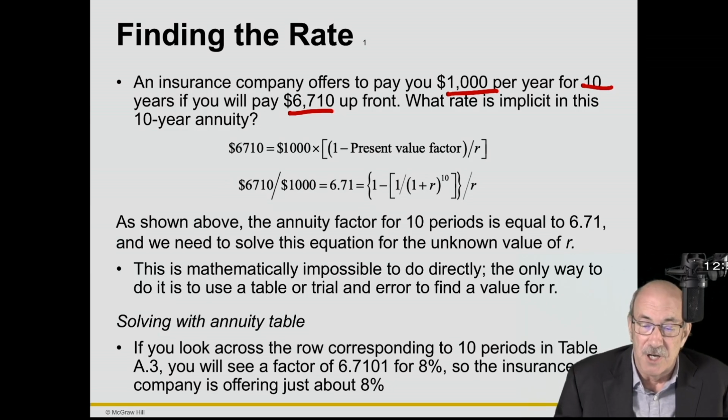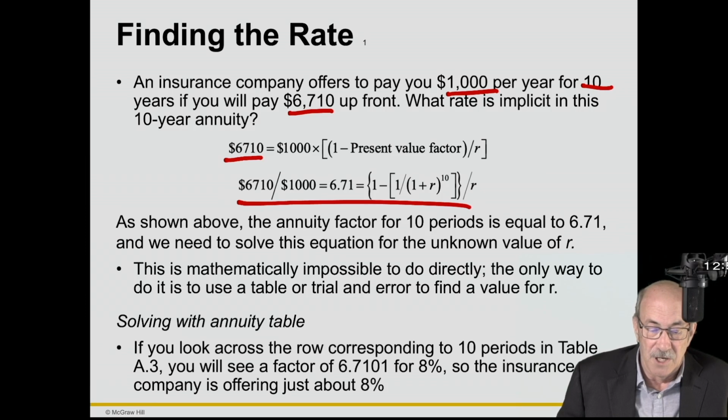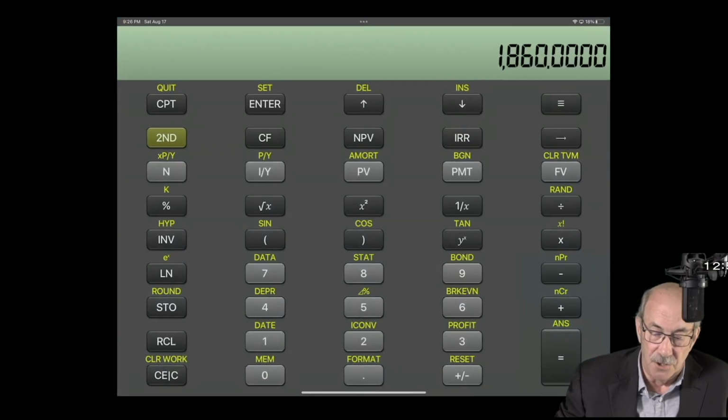All right. So in this situation, we're trying to figure out what rate of return we are getting out of this for our money. We're putting in $6,700 and we're getting $10,000 out over the course of 10 years. So here's the formulas if you wanted to do it that way, but let me show you how we would do it in the calculator. So we have $6,710, and that's going to be a payment that we make today, so that's PV.